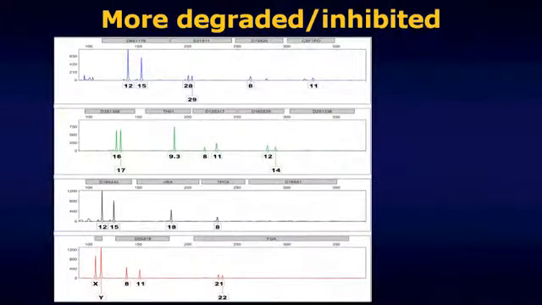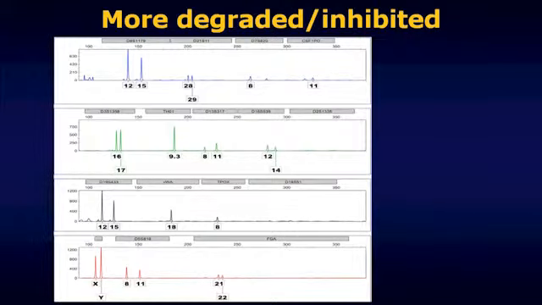The slide that we've been looking at is one that has slight degradation and inhibition. Now let's take a look at one that is more degraded and inhibited. We still see the hallmarks of degradation or inhibition, right? The peaks on the left side of the electropherogram are taller than the peaks on the right side of these graphs.